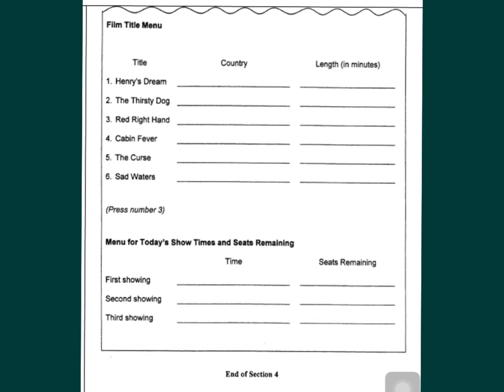Number 3. Please select from the menu for today's showtimes and seats remaining. The first showing of Red Right Hand is at 1:30 p.m. and there are 253 seats remaining. The second showing of Red Right Hand is at 3:45 p.m. and there are 87 seats remaining.